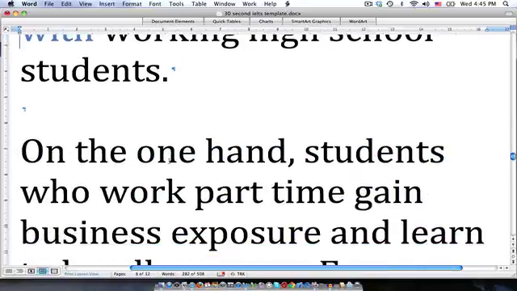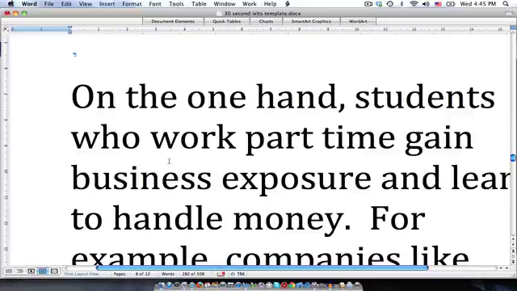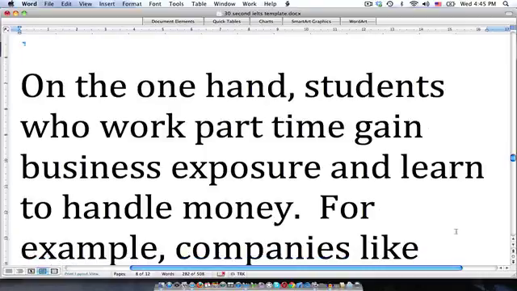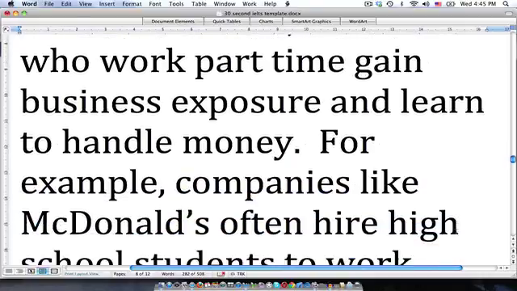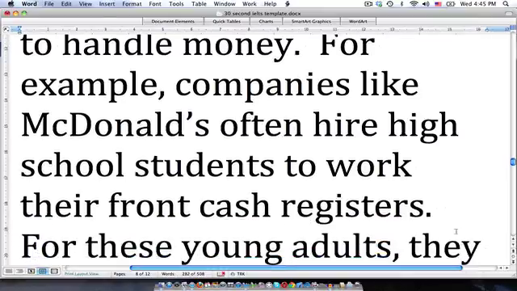On the one hand, students who work part-time gain business exposure and learn to handle money. For example, companies like McDonald's often hire high school students to work their front cash registers.